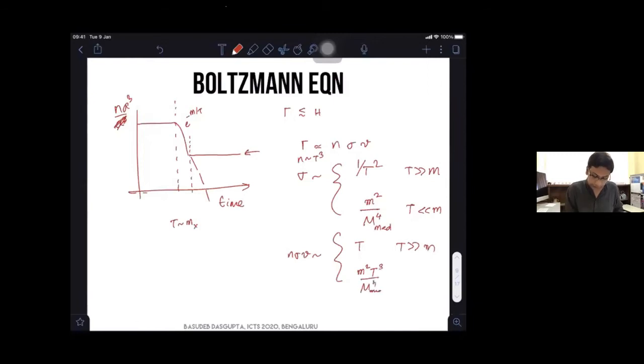Of course, I can't really use it at large T because now this T cubed is perhaps not quite right. But let's just write it for now.